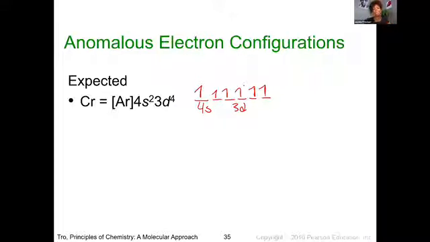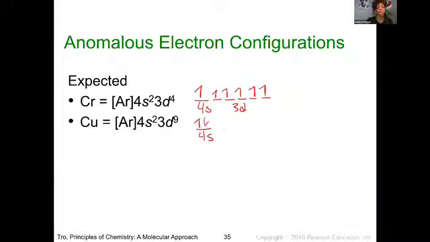And so you're going to see this anomaly occur in things that end in d4 and things that end in d9. And so your overall electron configuration is going to be slightly different. Same thing with our d9s. Same scenario. If we look here, we have 4s, again, up and down, 3d.